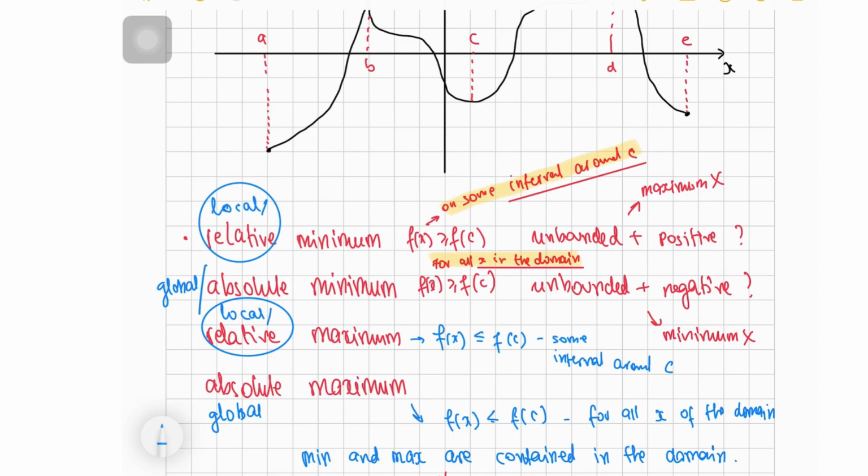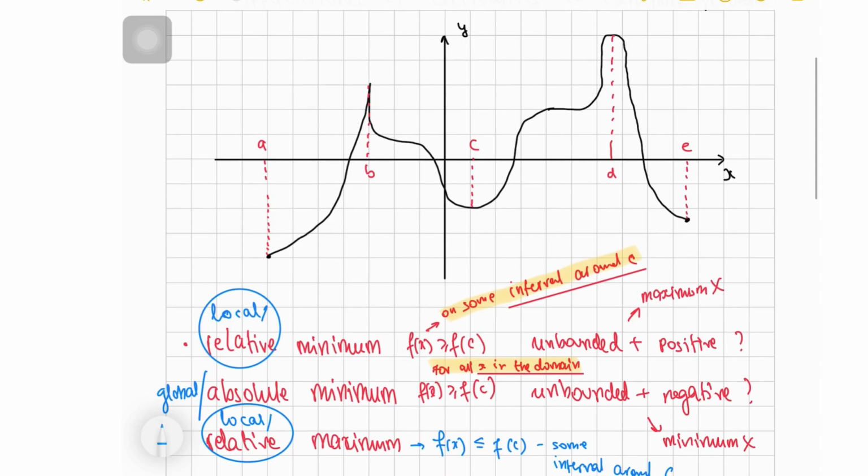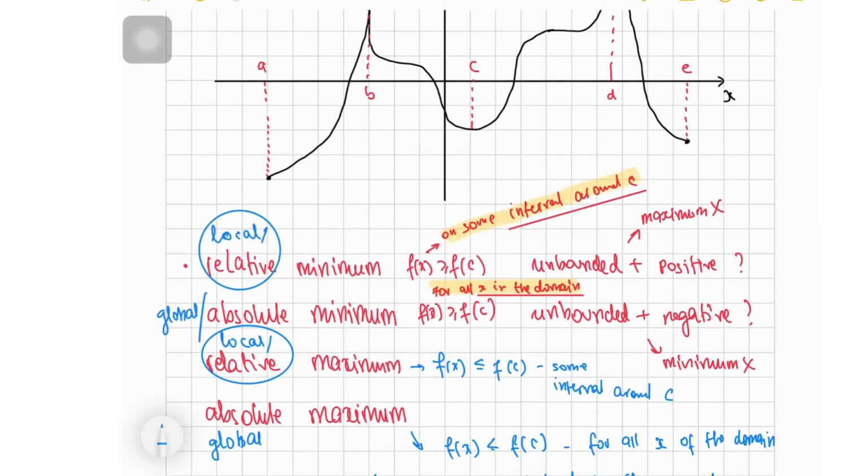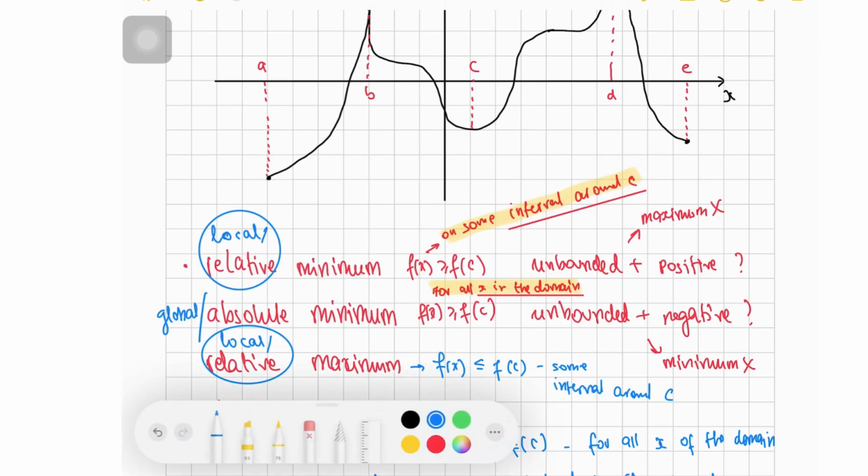So the function must be defined there. Before I go back to this graph, I just want to comment on what we have here.